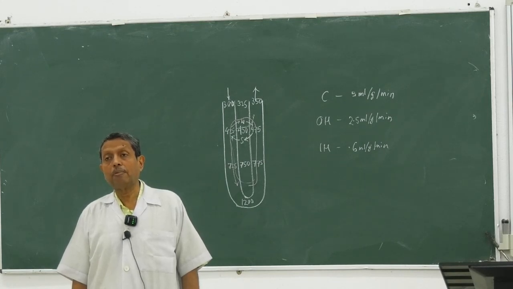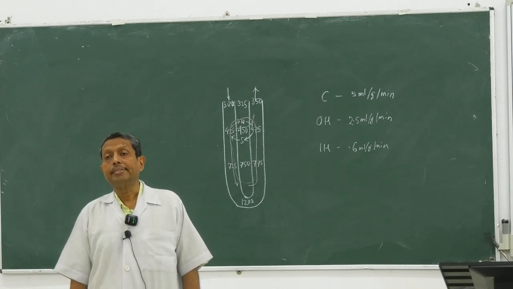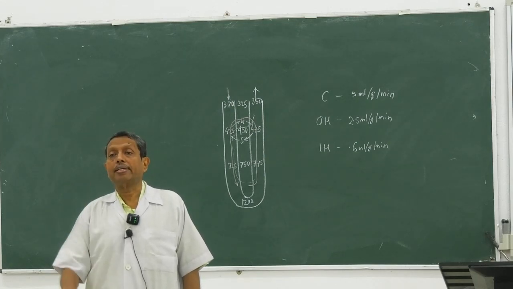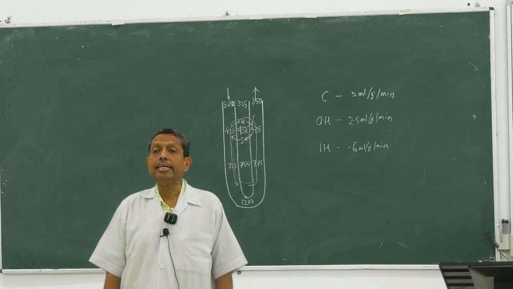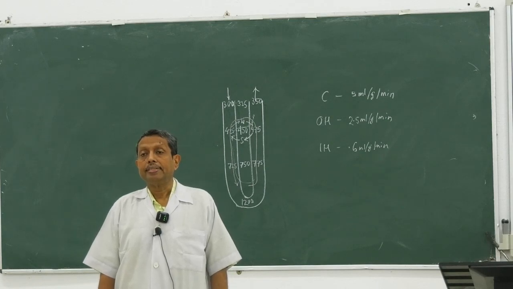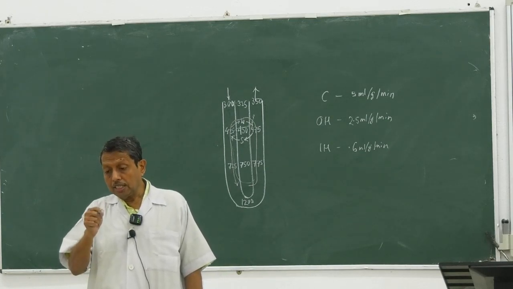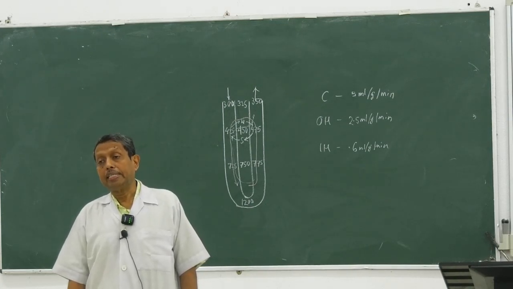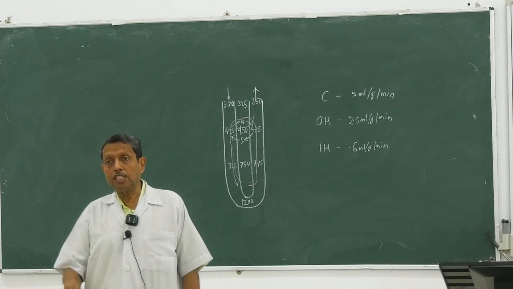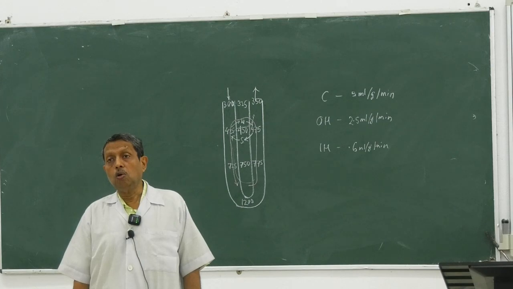The medullary gradient also depends upon the urine flow rate. If there is an increase in the GFR, then this gradient is low, but if there is a decrease in the GFR, then this gradient is more. It depends upon the length of the loop of Henle tubules.